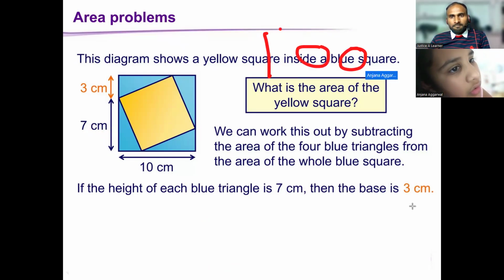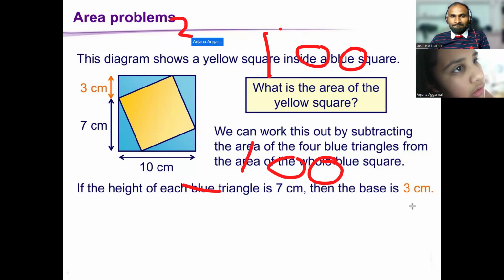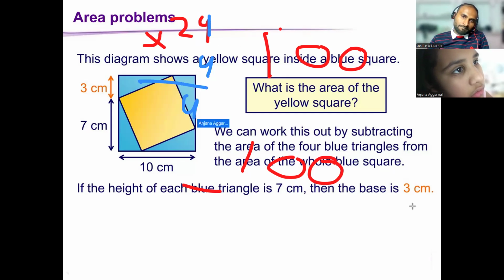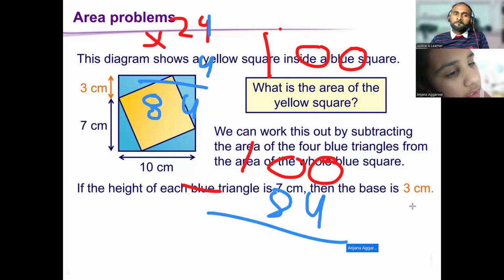If you do 100, take away 21 times 4, which is 84, take away 84, then you would get the answer as 16 centimeters.